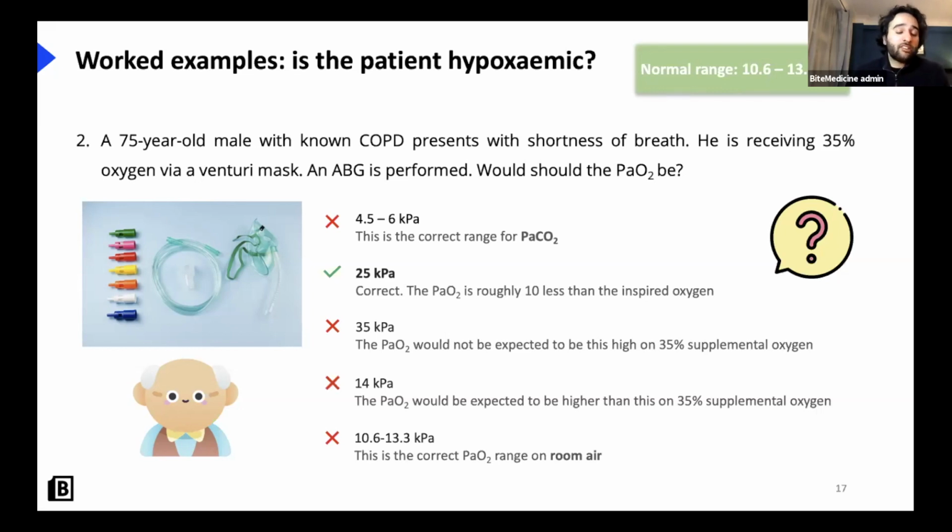And the reason why that's so important in COPD is because a proportion of these patients are going to be chronically hypercapnic, i.e. their PCO2 is going to be elevated, which means that they're actually going to be relying on what we call their hypoxic drive, i.e. their hypoxia to drive their respiratory function.